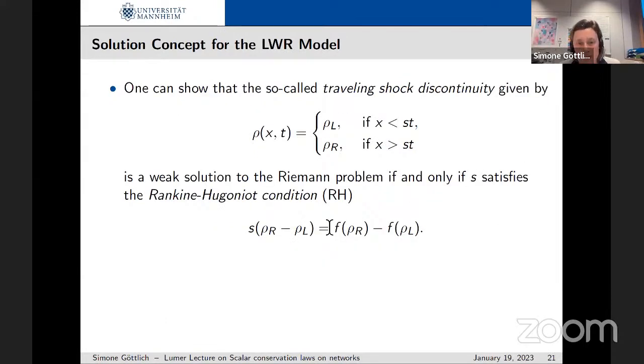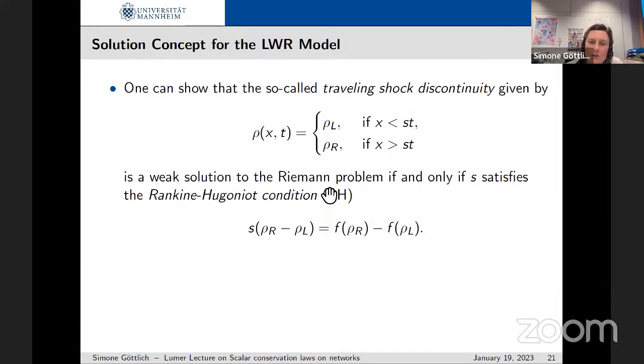Now, very important to mention which solutions may occur. One can show, using the definition of weak solutions, that one solution is given by a traveling shock discontinuity, meaning that the solution rho of x and t is given by rho L and rho R, depending on whether x is smaller or larger than s times t. What does this s mean?